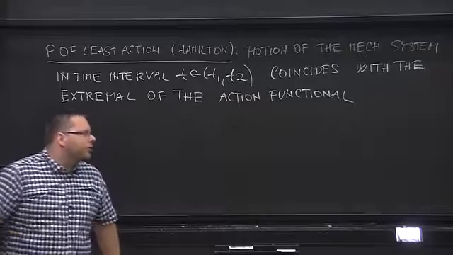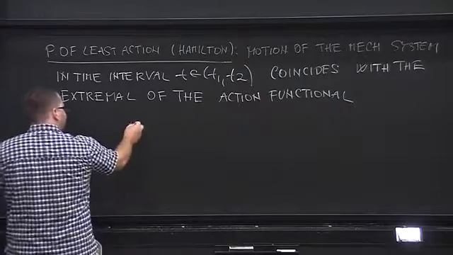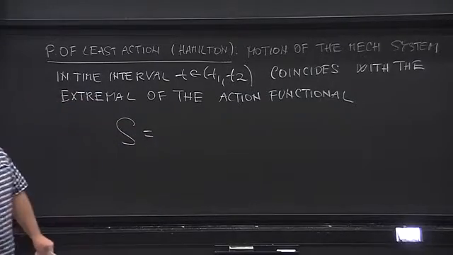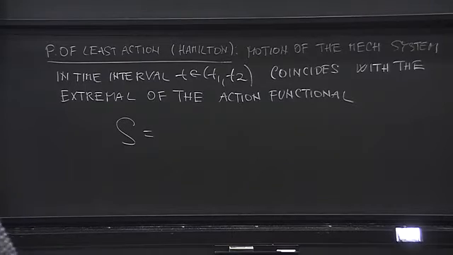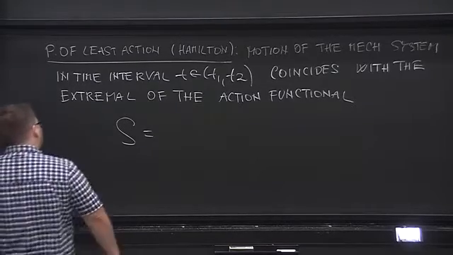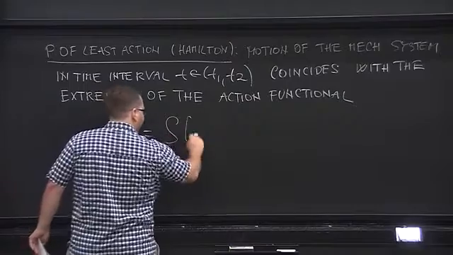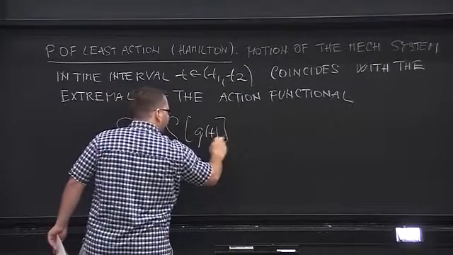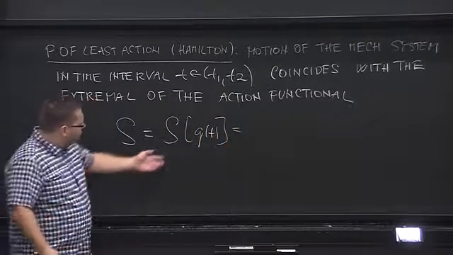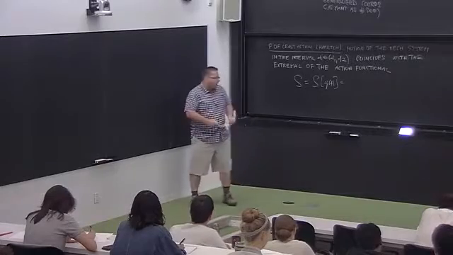And so what is the action functional? Well, it is S, and it's a functional, so it's a function of a function, right? And the function is my trajectory q of t.